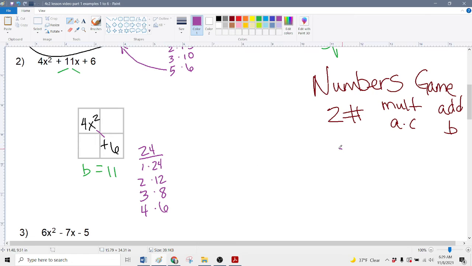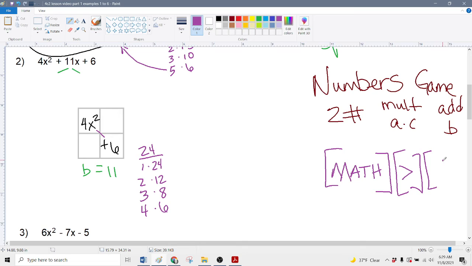Or remember, guys, you can use your calculator: math, arrow right, 9. And then on your calculator, you don't put enter after that, but right after you hit that 9, you're going to see GCD parentheses.